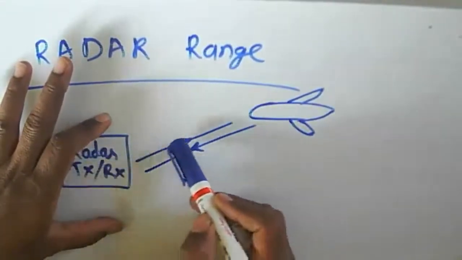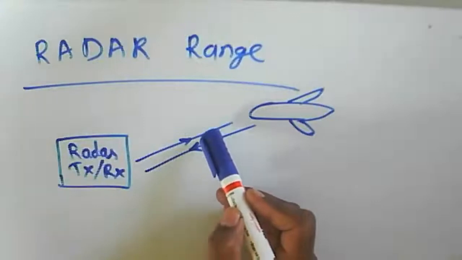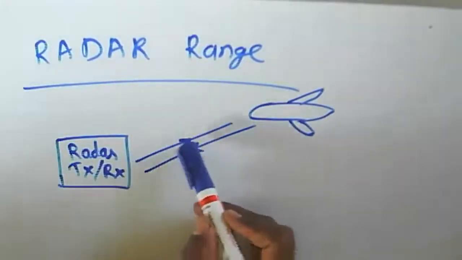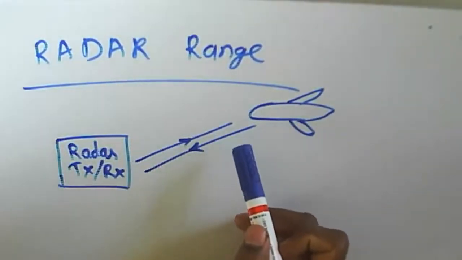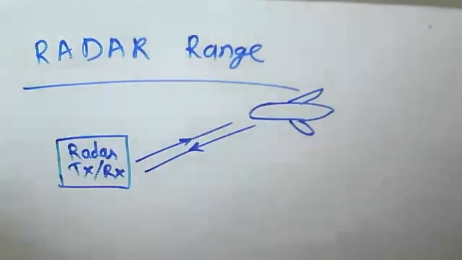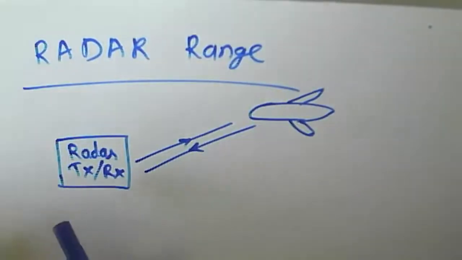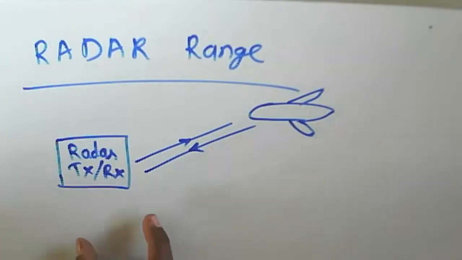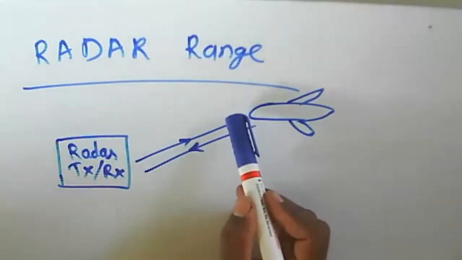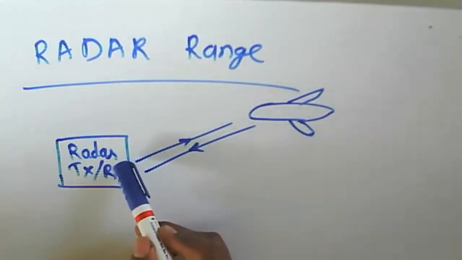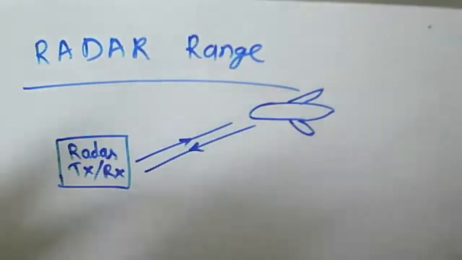So how much time is required to transmit the pulse toward the object? Generally, when we talk about the measurement of the range, we need to talk about the time required for transmitting the pulse.